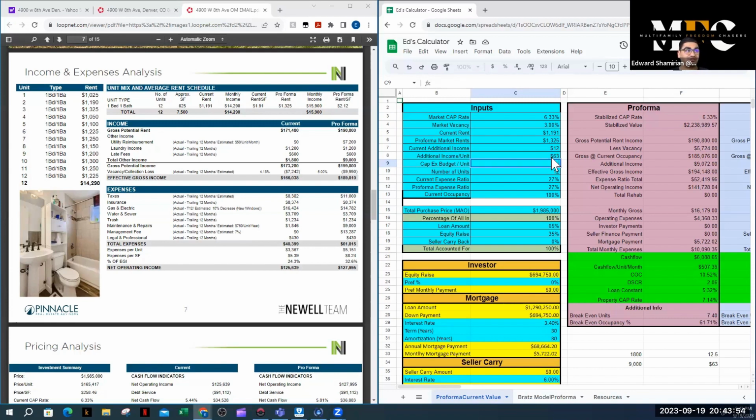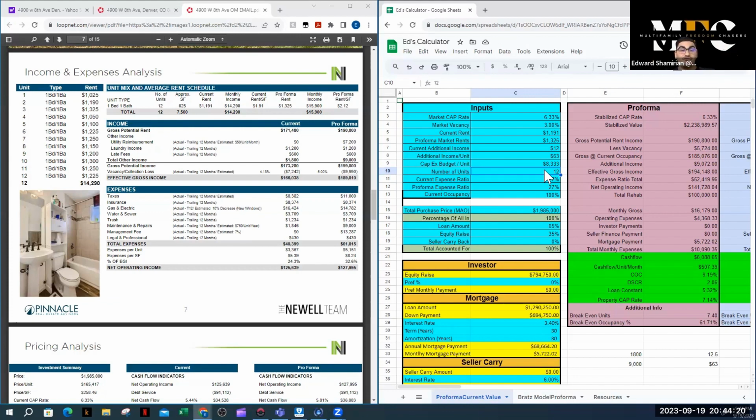Let's say you need another, for argument's sake, 30 on the exterior, maybe more. Let's put 20 in there. So we're at 60, 80, 90. Let's just call it 100 on the CapEx. And again, for sake of easy math, divided by 12. All right, so we're just gonna say 8,000 per unit is my budget, 100,000 CapEx.